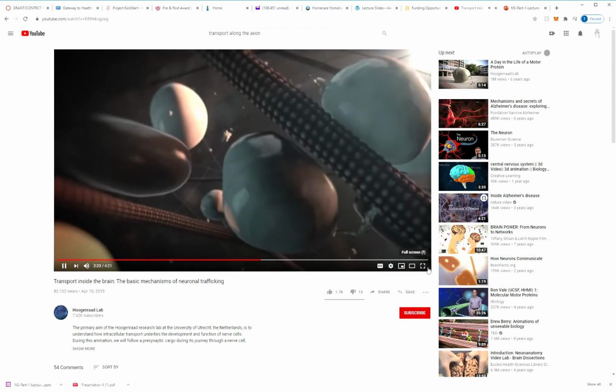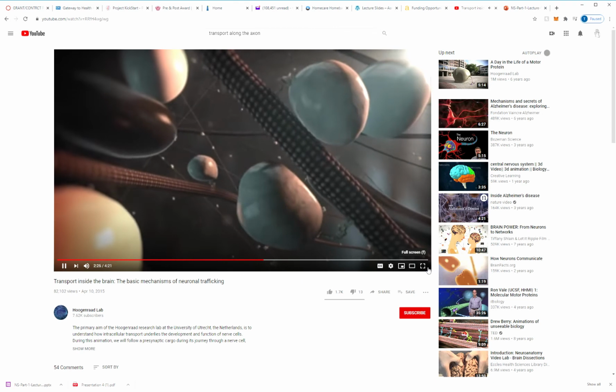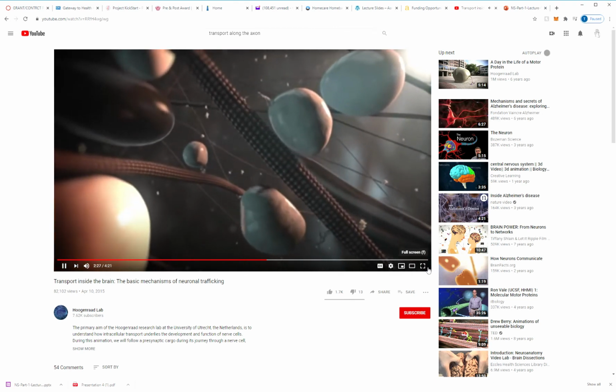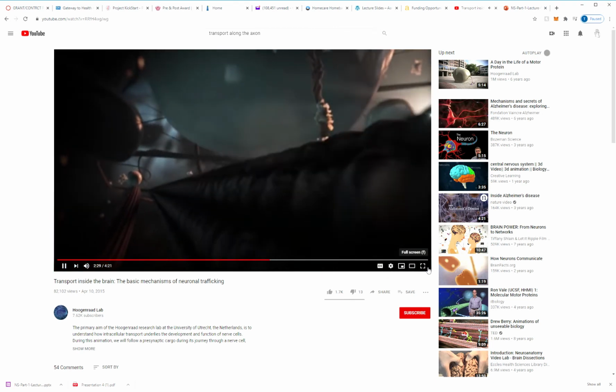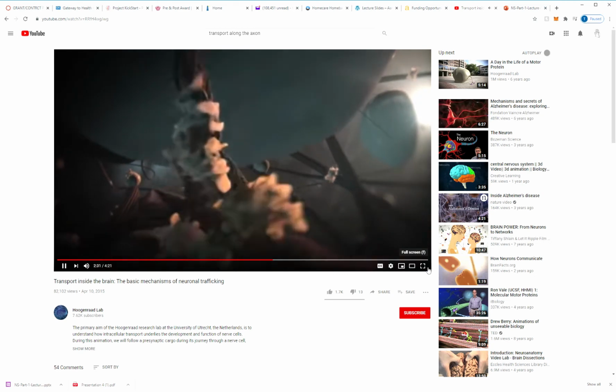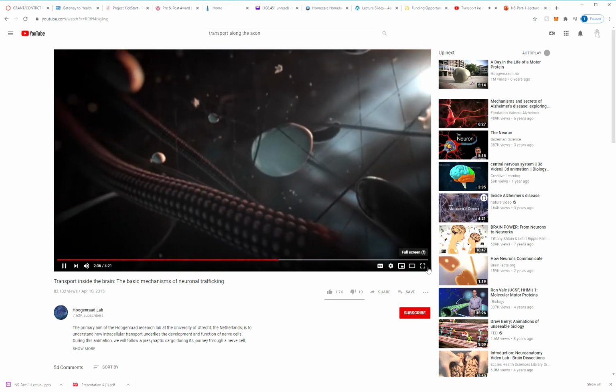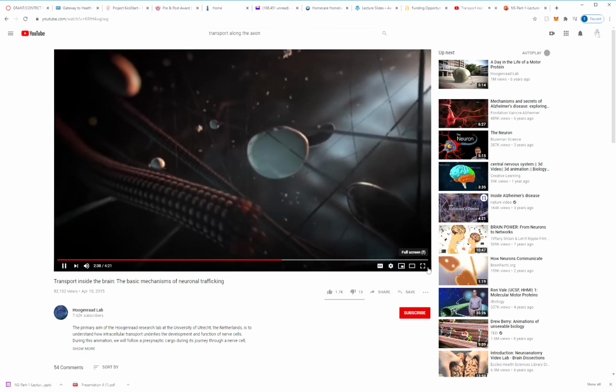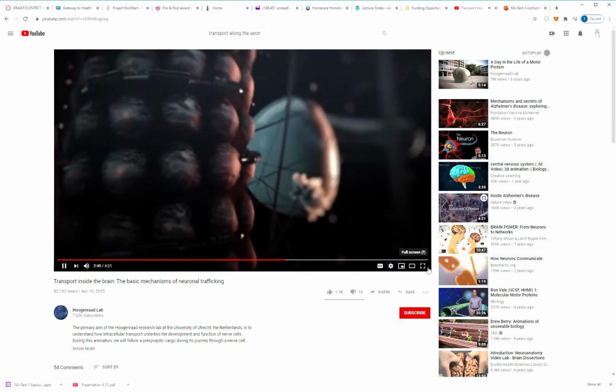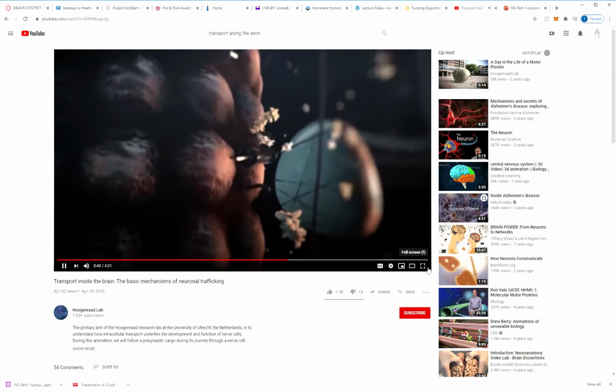That neurotransmitter is produced by the ribosomes and the endoplasmic reticulum. It's modified there, and then it's carried one step at a time down the microtubule to the axon terminal, where it will eventually be released as a neurotransmitter into a synaptic cleft.